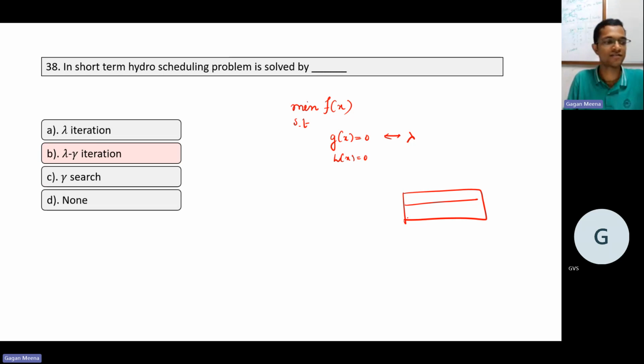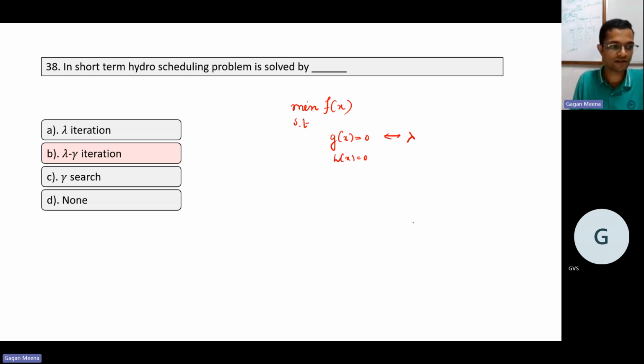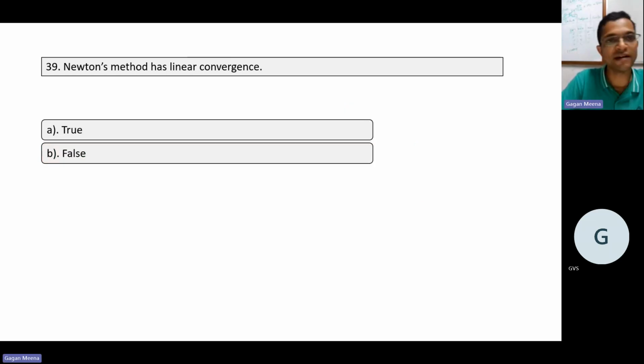Therefore, we cannot solve those two equations simultaneously. So we have to assume one value of lambda and solve these two equations, and then we get some optimal value for gamma. Then again update lambda and keep on. So we have to use two for loops, one for lambda, one for gamma. It becomes an iterative procedure.